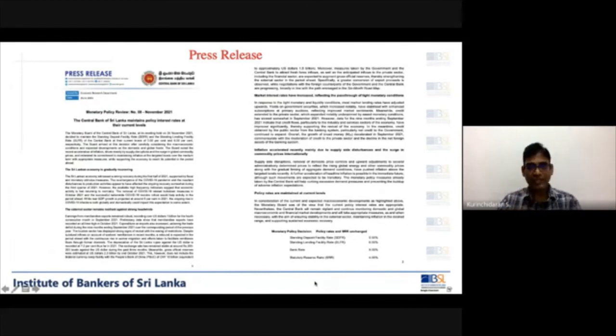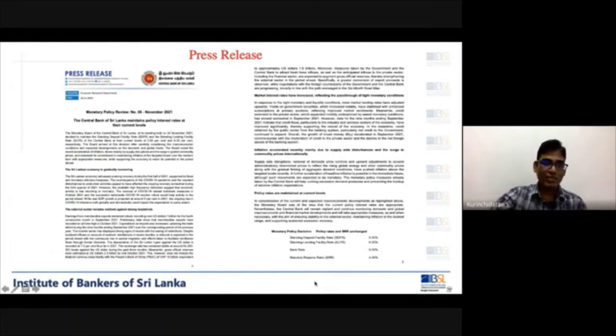After discussion, they will think whether they are going to change any rates, right? They will have all this research and analysis, and after taking all considerations into account, they will say what they could do, whether they are going to change policy rates or SRR.